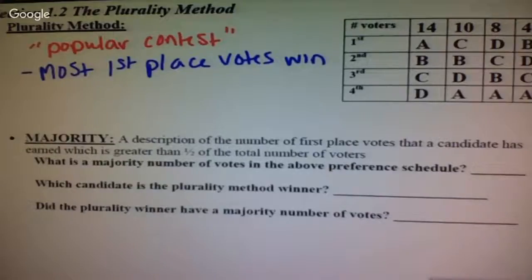So when you're trying to find a winner with the plurality method, you don't care about anything that comes after first place. It's there, but you don't need it. It's useless information. All you care about is this top row.